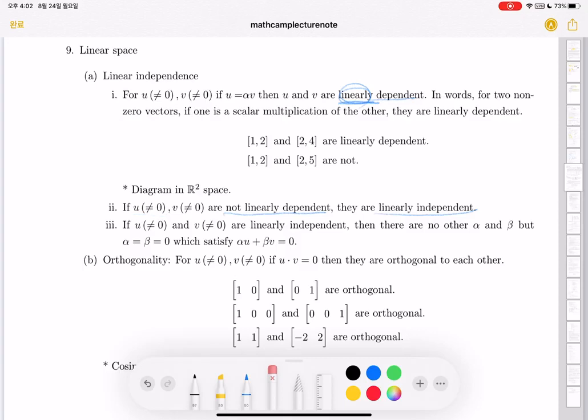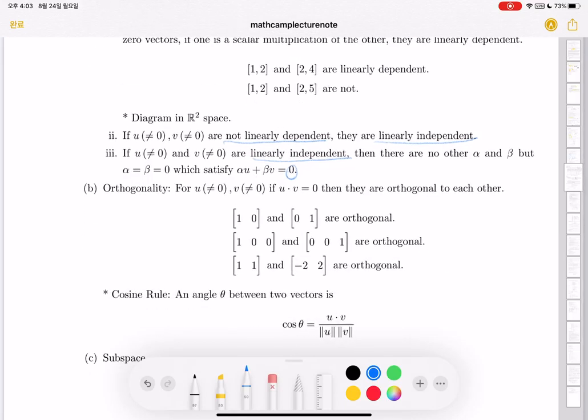If two vectors u and v are linearly independent, it means you cannot combine these two vectors linearly, meaning that you cannot find alpha and beta, not both zero, that make alpha u plus beta v equal to 0, the zero vector. That's what linear independence means.